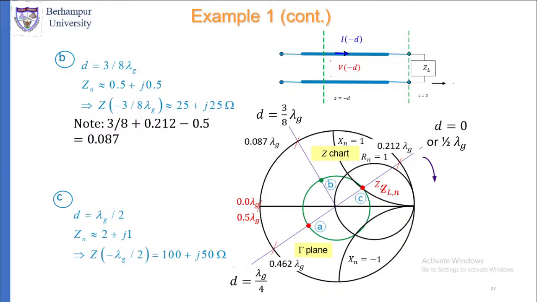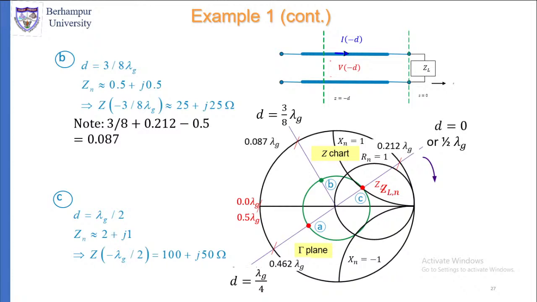Okay. Now, remember this thing. When you move 3 by 8 lambda g, I have told you earlier that the Smith chart gives you a complete circle along the perimeter. If you move one complete circle, that is equivalent to 0.5 lambda g.